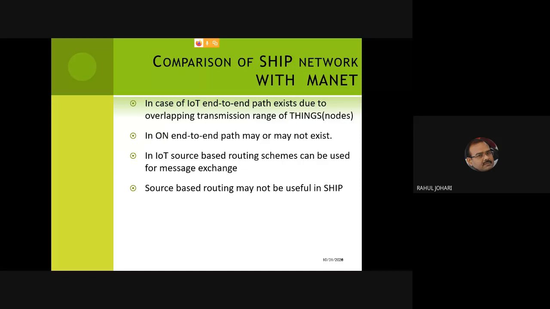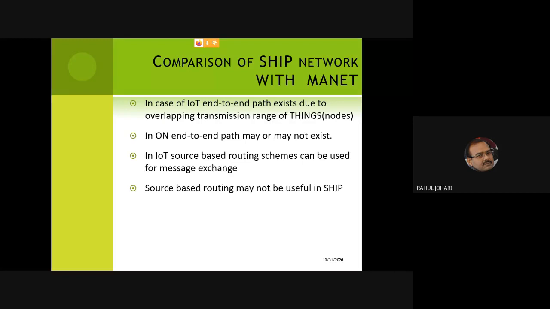So those of you who have good knowledge of or have been working in MANET, even MANET classifies routing schemes on two broad parameters. We have proactive routing schemes and we have reactive routing schemes. In proactive routing schemes, the entire network topology is known well in advance. So accordingly we can decide on the routing protocol.